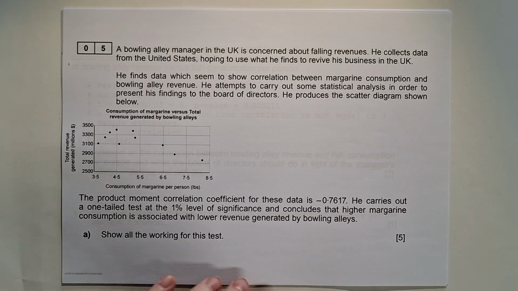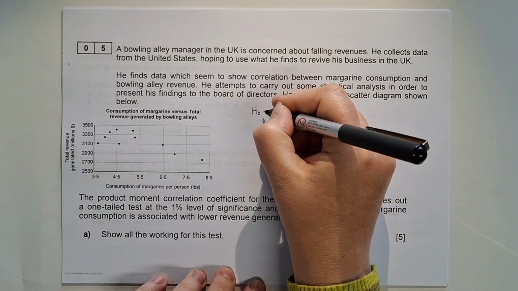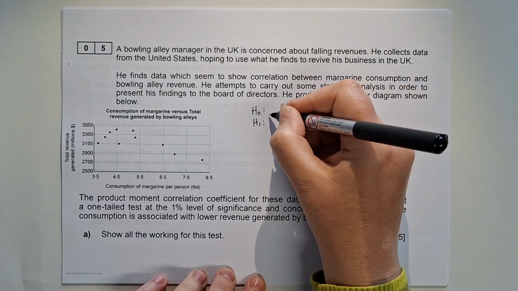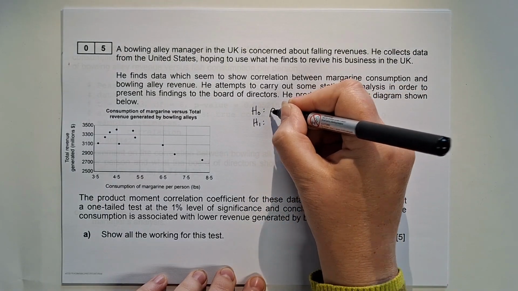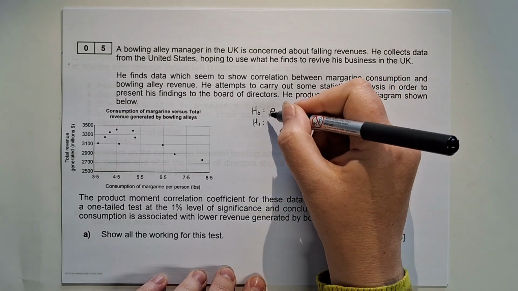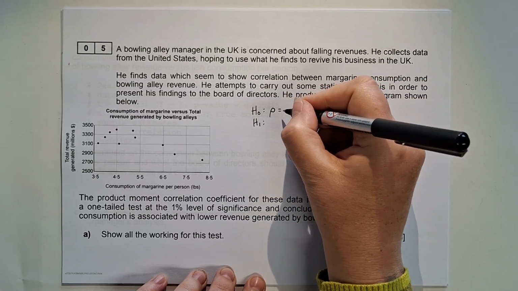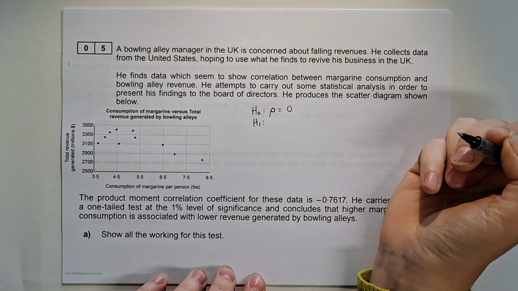Okay, so H0 and H1. This time our symbol is the rho symbol. It's not mu and it's not a P for probability. Rho equals 0, no correlation.